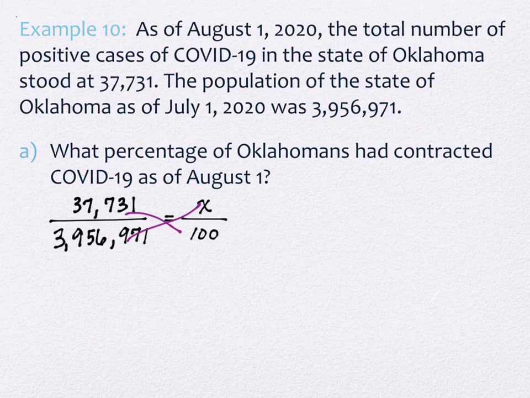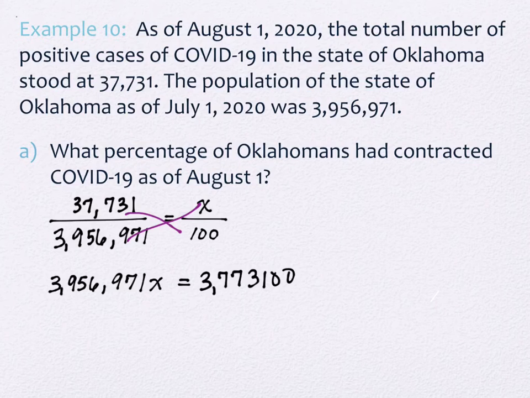So as we take this problem, we write our 3,956,971 equals, and now I have 3,700,000, oops, not one there, 773,100. So 773,100. And then I would divide by 3,956,971.